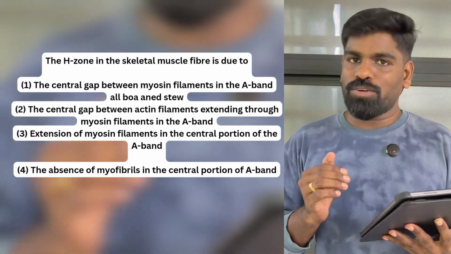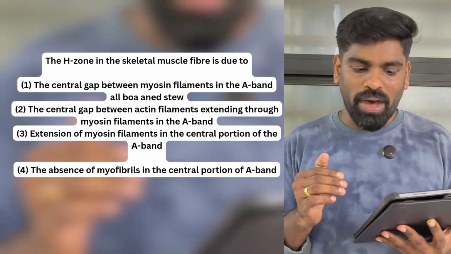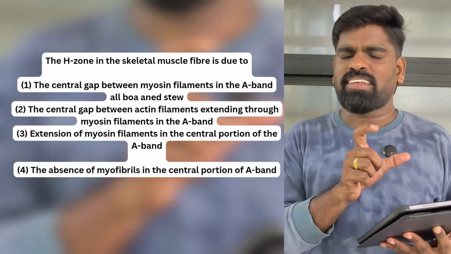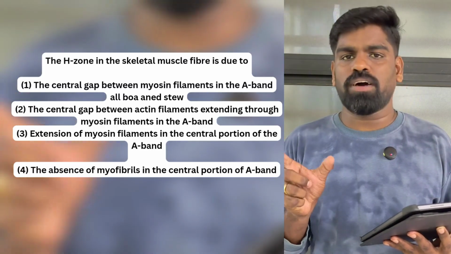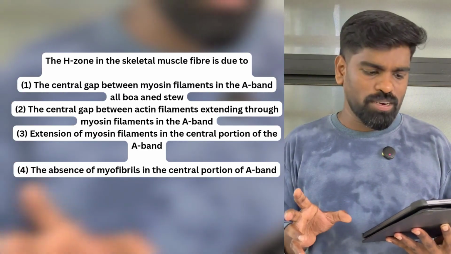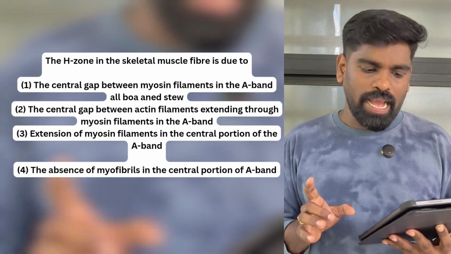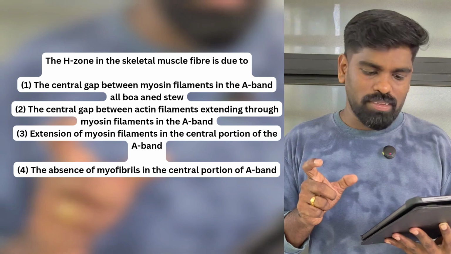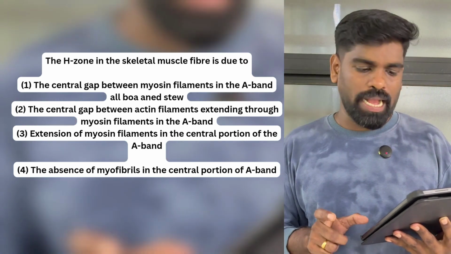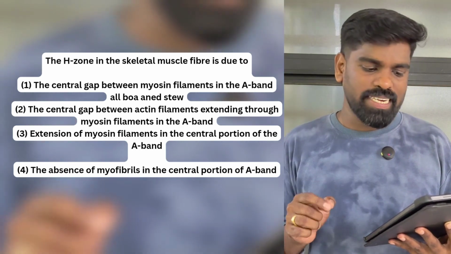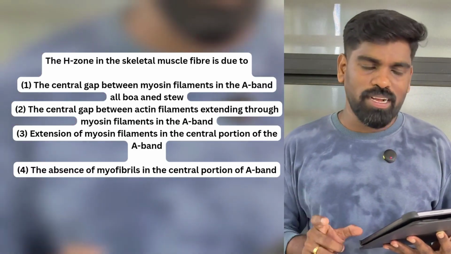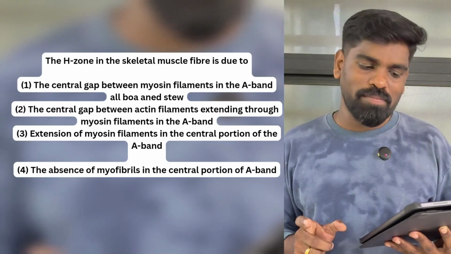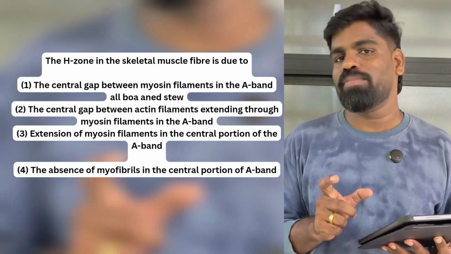The third one, extension of myosin filament in the center part of A band, is wrong, that is not the H zone. The absence of myofibril in the central part of A band is also wrong. So the correct answer is the central gap between actin filaments extending through myosin filament in the A band.